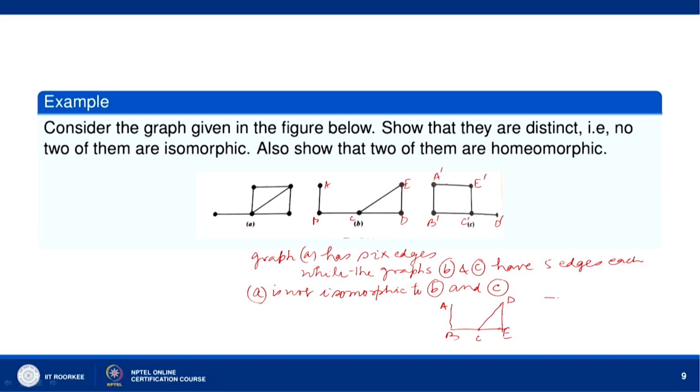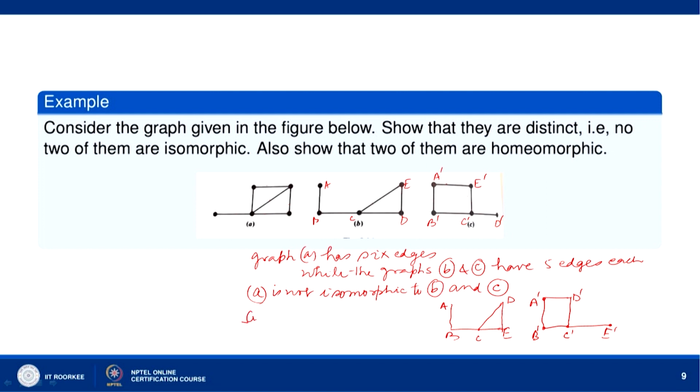Then I will have A', B', C', then we can write say D'. So, CD goes to C'D' and CE goes to C'E'. Then ED, there is no edge corresponding to ED in the graph C. So, therefore, B and C are not isomorphic.